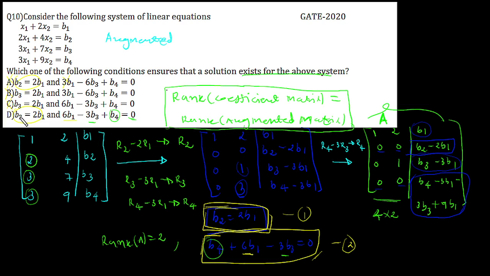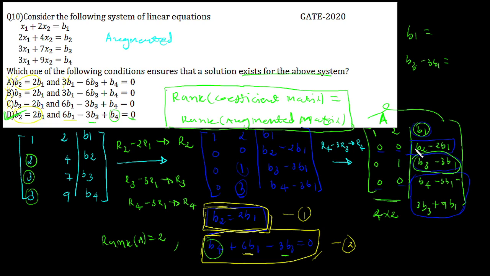So yes, we can say option D contains the correct condition for b1, b2, b3 and b4 in such a way that the system is consistent. Now the condition on this b1 here is not necessary because it can take any value. This b1 and this b3 minus 3b1 can take any value.